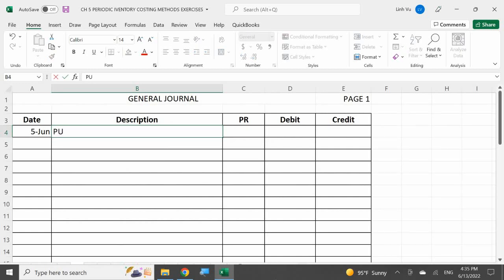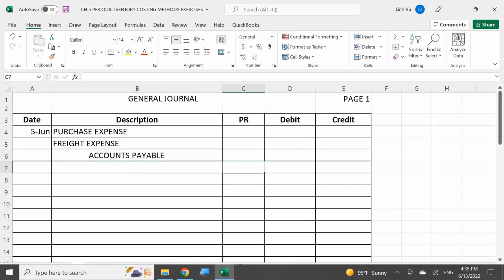We will be utilizing purchase expense. We will recognize a freight expense. And because we're purchasing it on account, we will be using the accounts payable account.